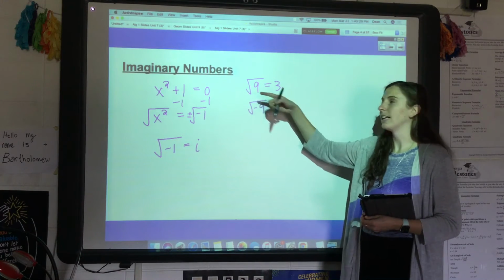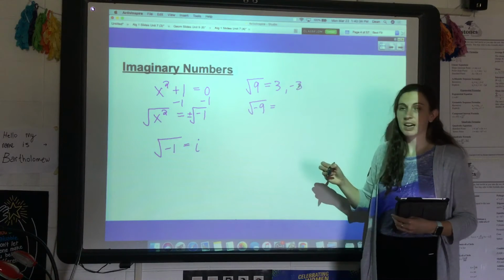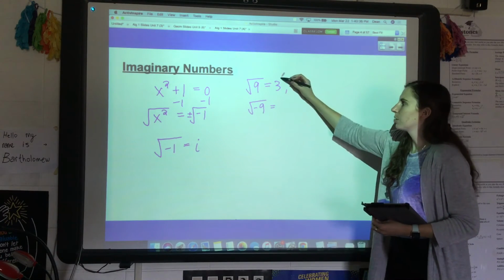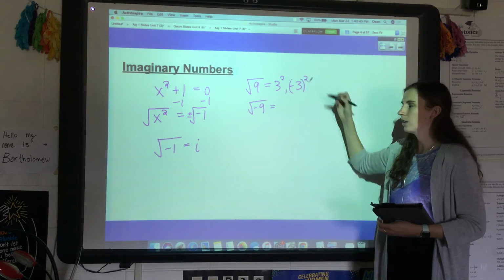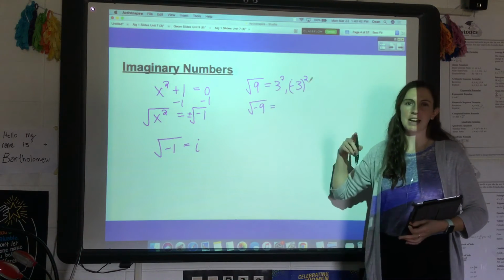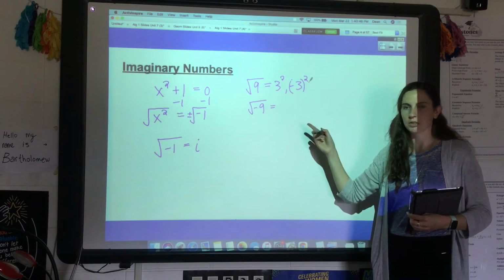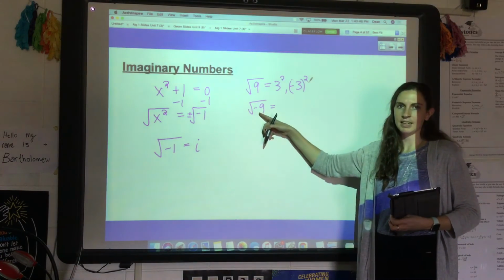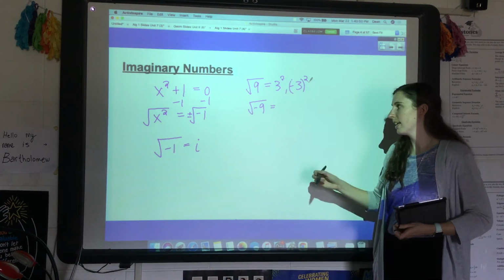The square root of 9 is actually +3 and -3, because if I do 3 squared, I get 9, and if I do -3 squared, I get +9. There's no way I could take some 3's and multiply the same two 3's together and get -9. So this is imaginary. Before it didn't exist.